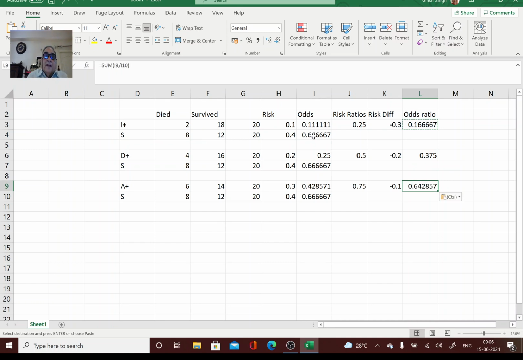So you can see which of ivermectin, doxycycline, azithromycin should have been given.